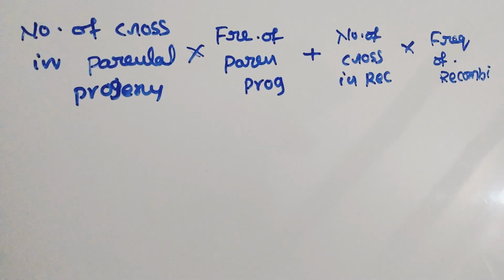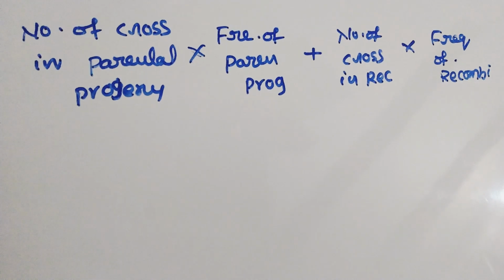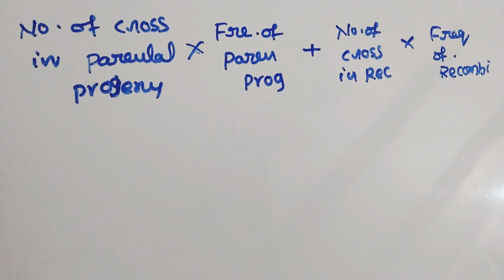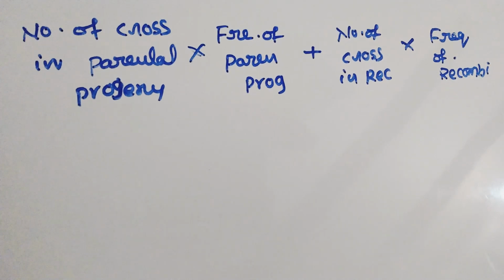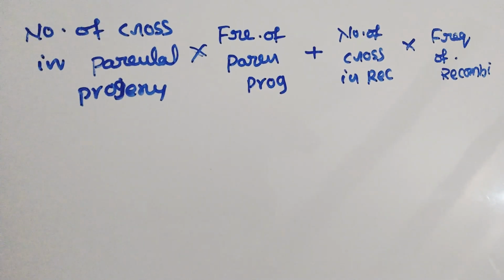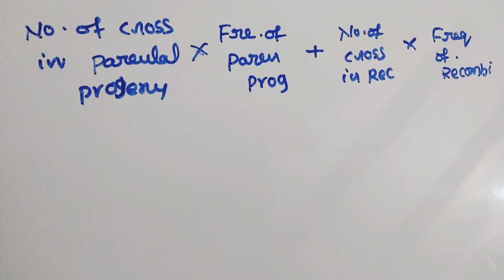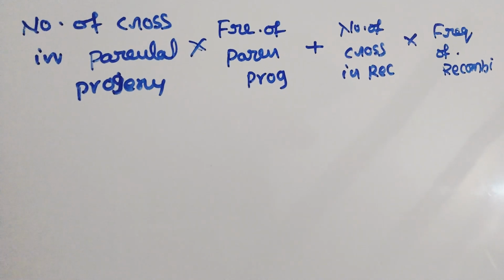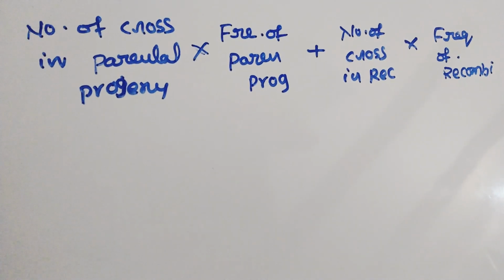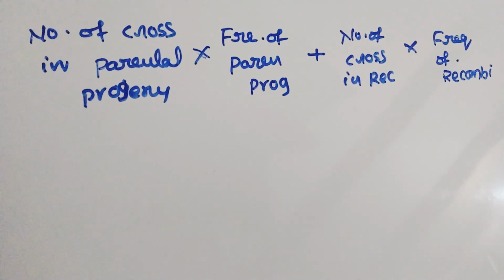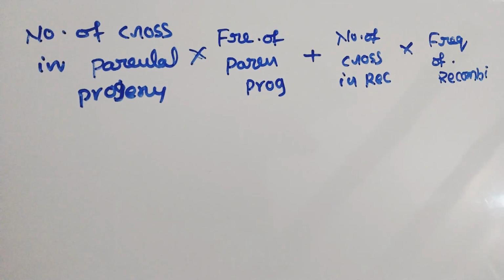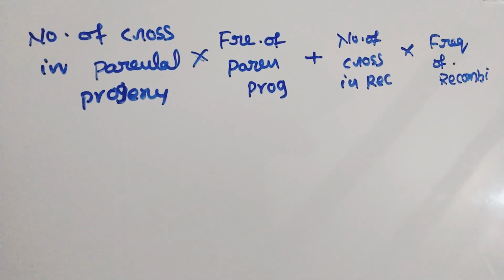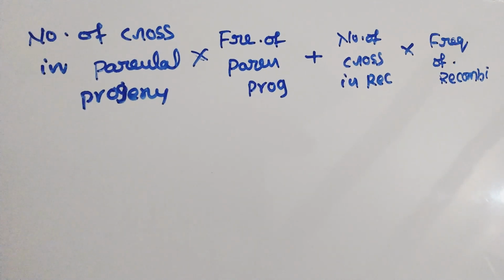Now we are going to calculate the distance between the vestigial wings and black body color genes in Drosophila. For this we use the equation: number of crossovers in parental progeny times frequency of recombination in parental progeny, plus number of crossing overs in recombinants times frequency of recombination.